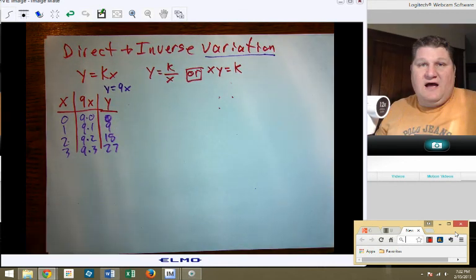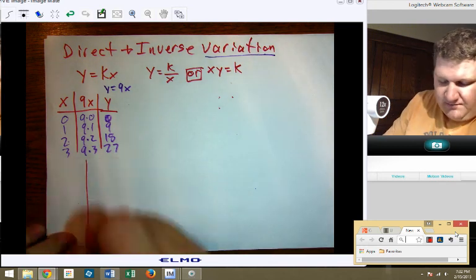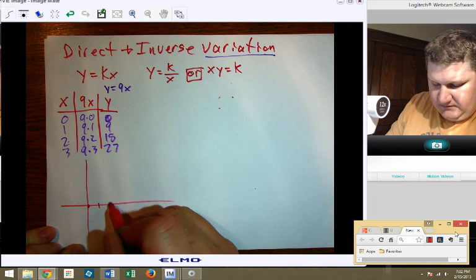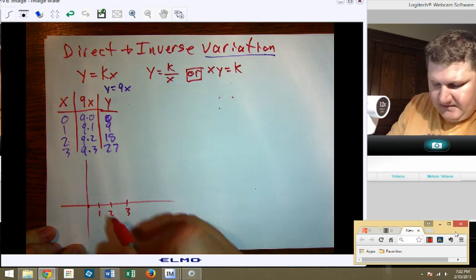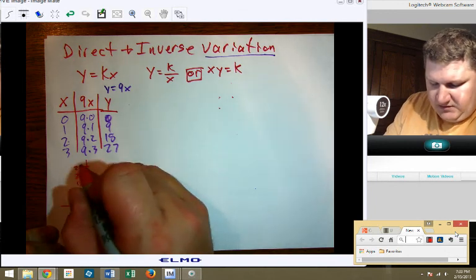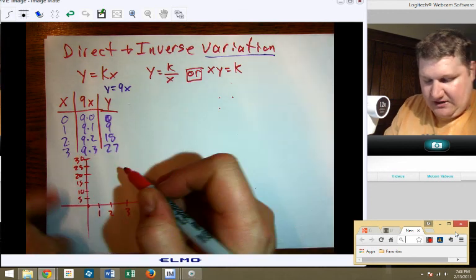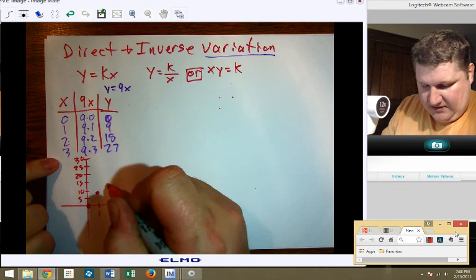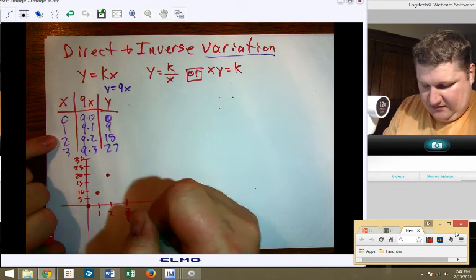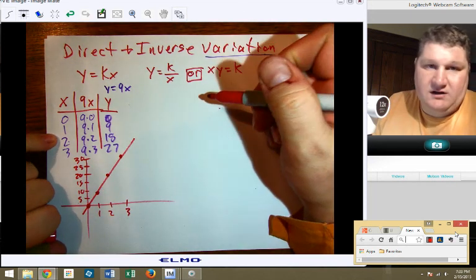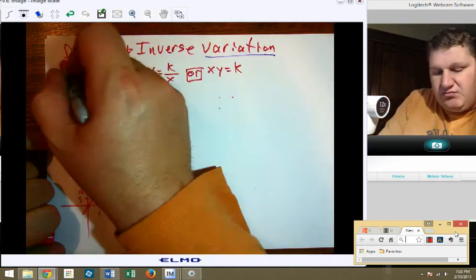When we graphed that, we had 0, 1, 2, 3 on one axis and 5, 10, 15, 20, 25, 30 on the other. So we have 0, 9, 18, 27, and it made a nice pretty straight line. That's an example of direct variation.